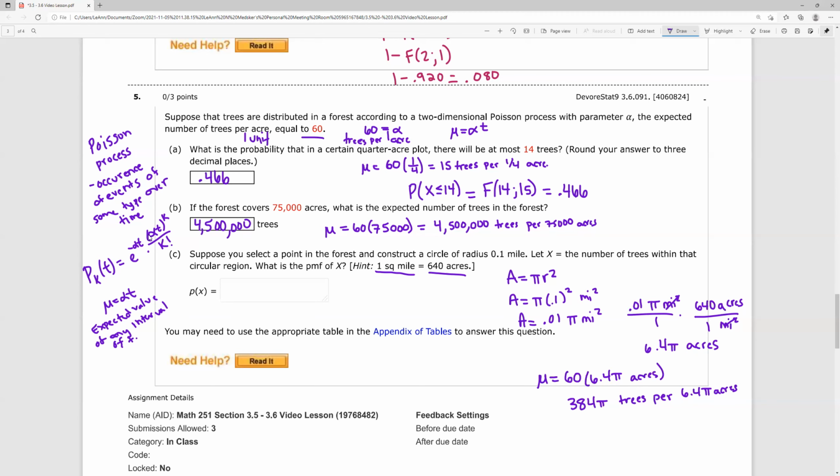So our PMF is going to be e to the negative of that, alpha times T. That's going to be e to the negative 384 pi, times 384 pi to the k, which for us is going to be x, because we have an unknown variable for our probability right now, over x factorial. And you can put the e on top with the other part, that doesn't matter, as long as you don't put it in the denominator with the x factorial.